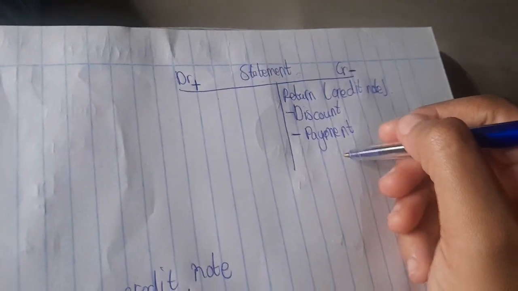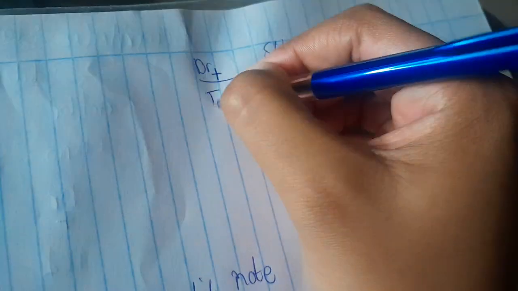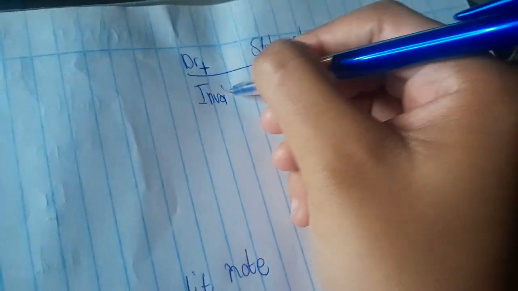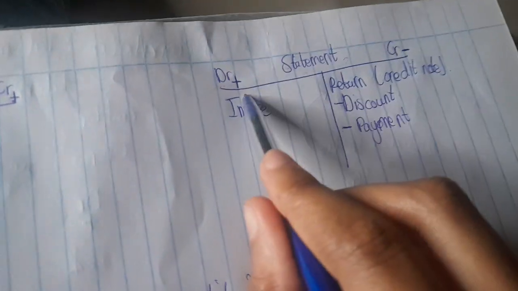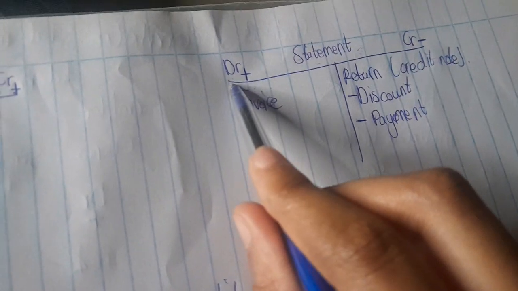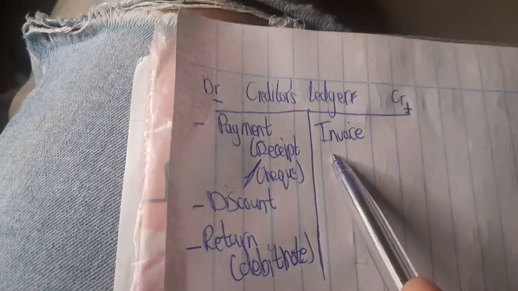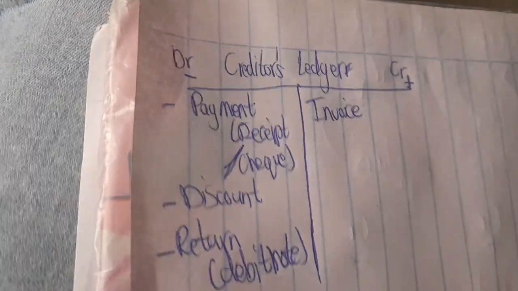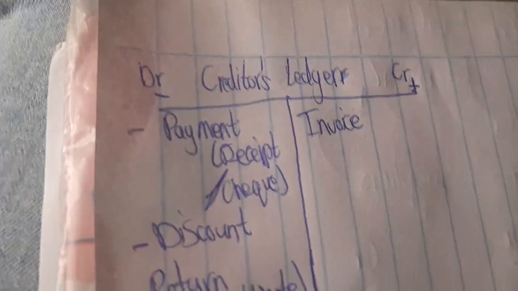So it's also a payment, which can also be a receipt or an electronic payment. And on this side, what increases the statement? It is also an invoice. So on the statement, the invoice increases on the debit side, but on the creditors ledger, it increases on the credit side. I hope you guys understand that.